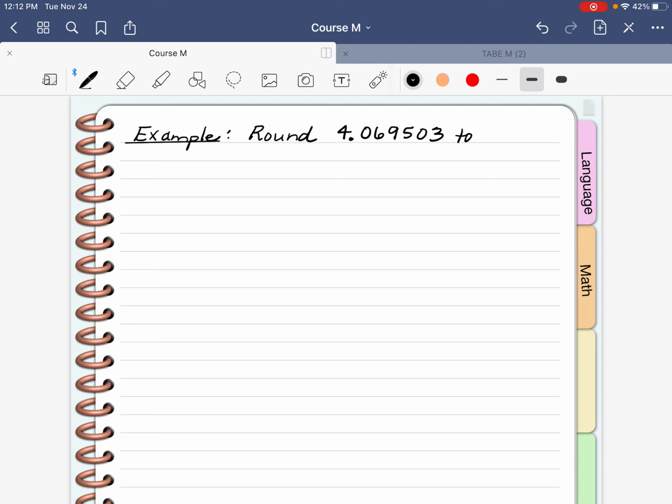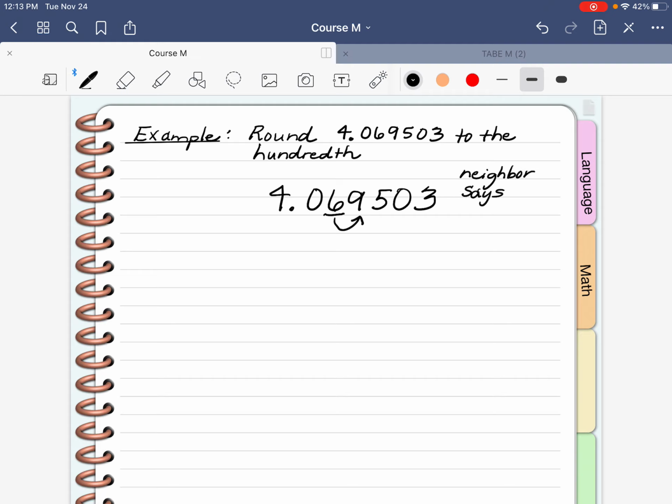But we want to round this to the hundredth place. The 6 is in the hundredths place, and the neighbor definitely says to round up. So we end up with 4.07, or 4 and 7 hundredths.